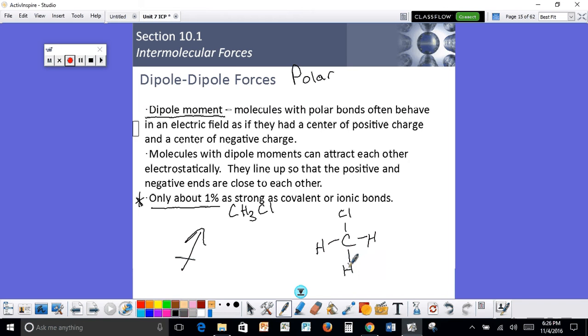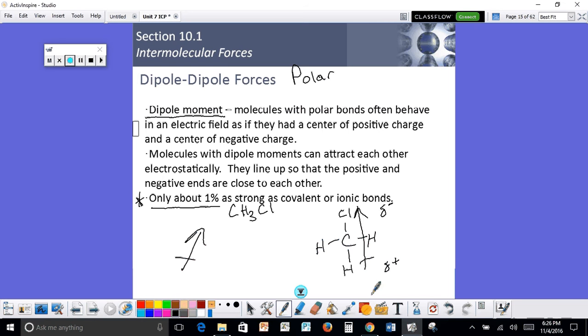Overall we're going to have a partial positive charge on this end and a partial negative charge on this end, so we have a dipole moment moving this way through the molecule.